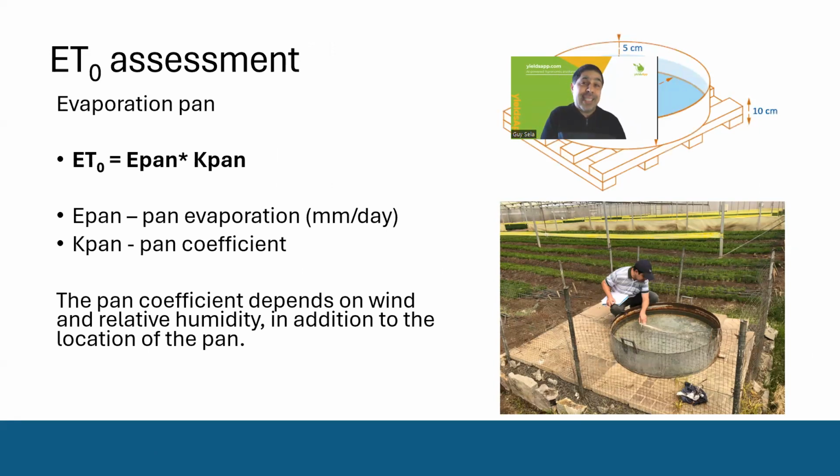So how do we estimate the reference evapotranspiration? One very basic method is the evaporation pan. There are farms with evaporation pans, a standard pan that allows you to measure the rate of the reference evapotranspiration.